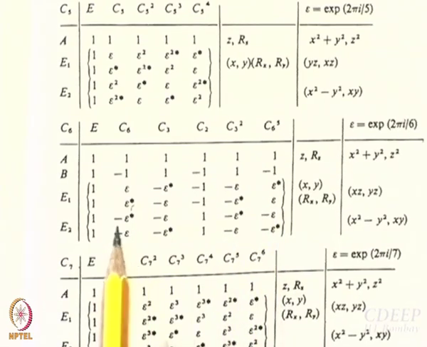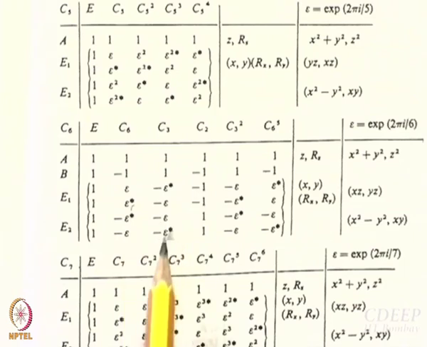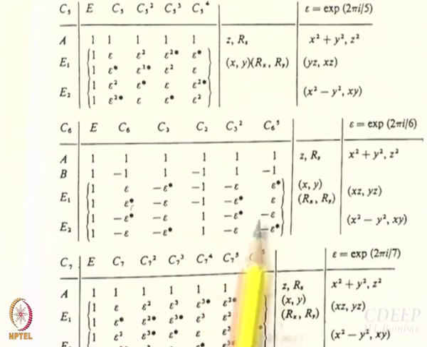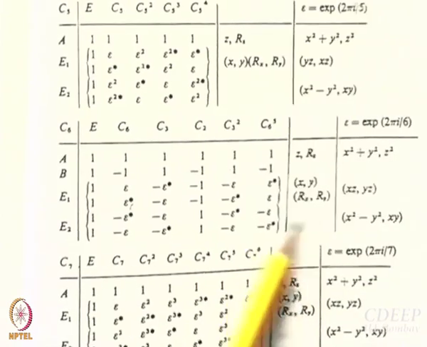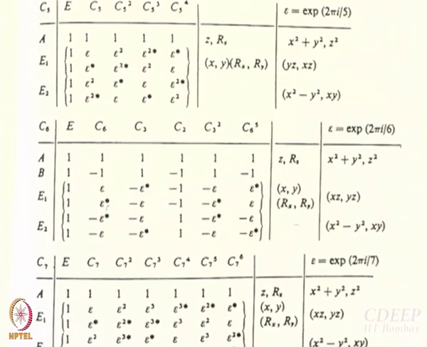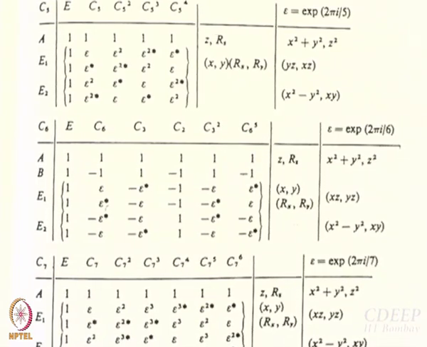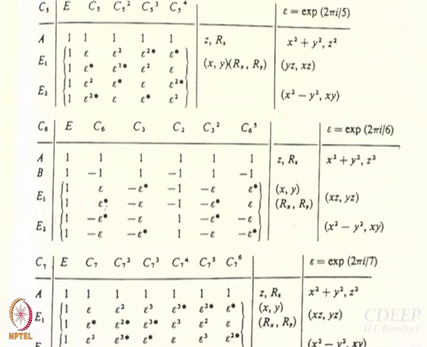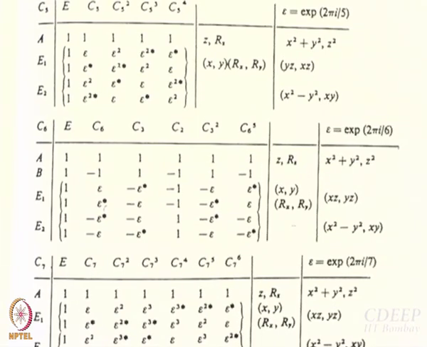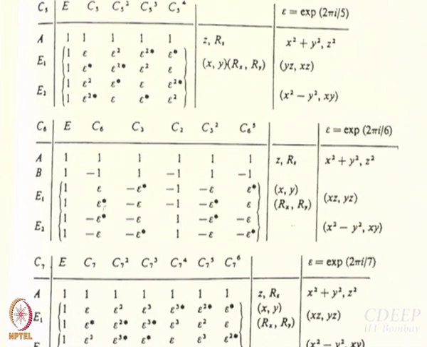And here again you have minus epsilon star, minus epsilon star, 1, 1, minus epsilon star, minus epsilon star. So we have basically taken complex conjugates. That's how you club. Okay? It's all symmetry rules. And that's how we get rules that govern symmetry.